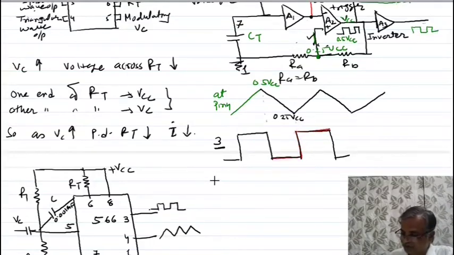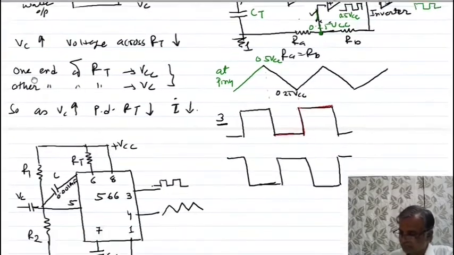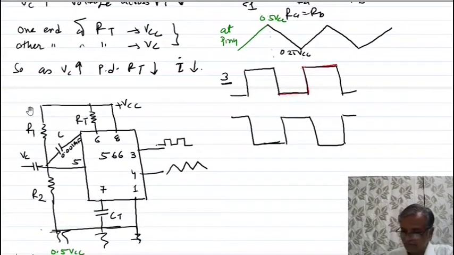Due to the inverter, your output will be the inverse of this waveform. This is your output after the inverter. So I think you understand this discussion.